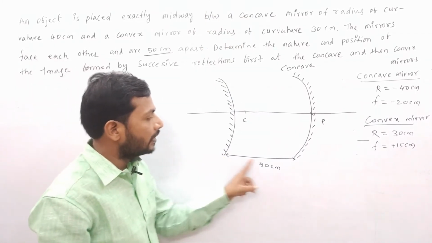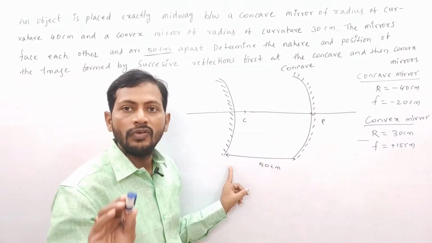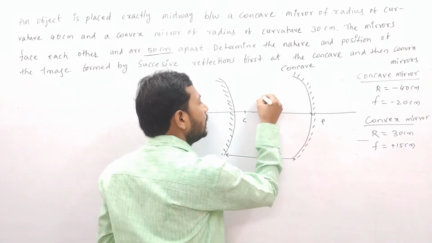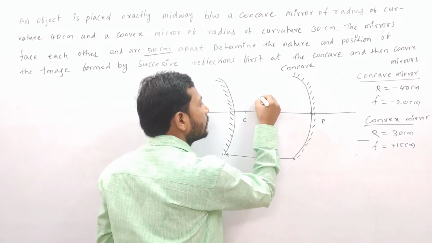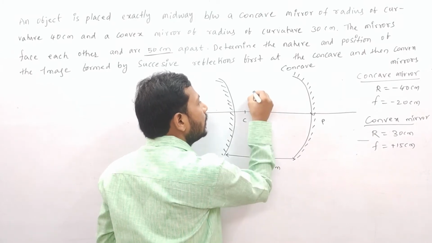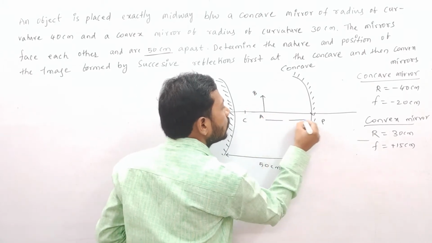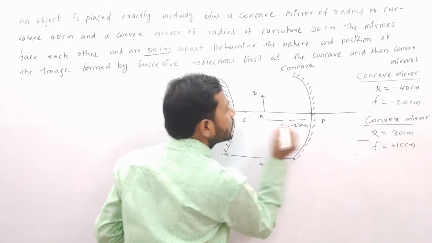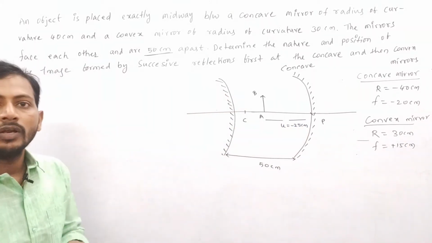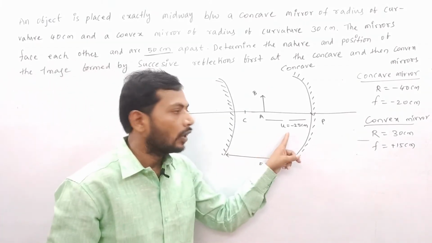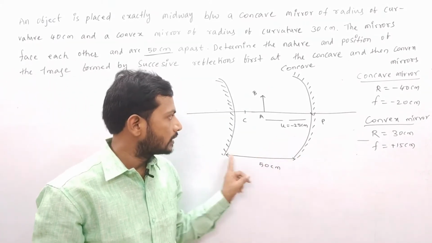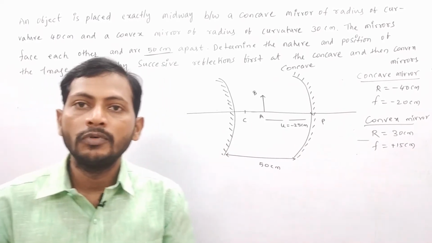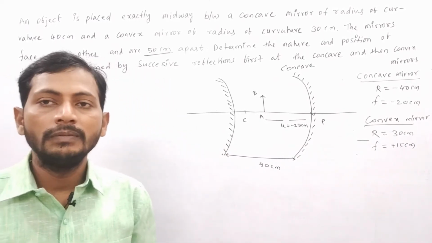Midway, the gap between these two is how much? 50. Then the object will be in the middle, this is the object AB. This distance I am going to say u equals minus 25 centimeter. Why I wrote minus 25, I hope you can understand. The total is 50, the object is in the middle, that's why it is at the position of 25 centimeter.